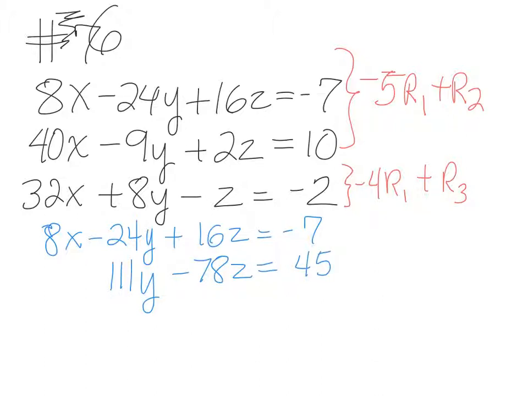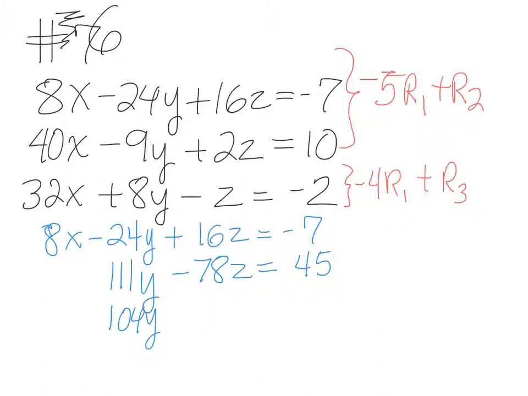We're going to have negative 4 times 8 is negative 32 plus 32. It would be 0. Negative 4 times negative 24, 24 times 4, that would be 96, and then plus 8, 104.